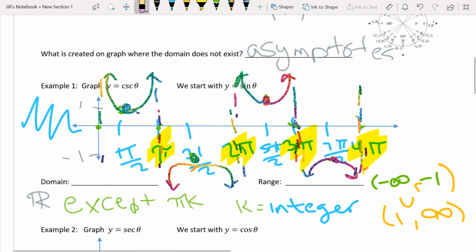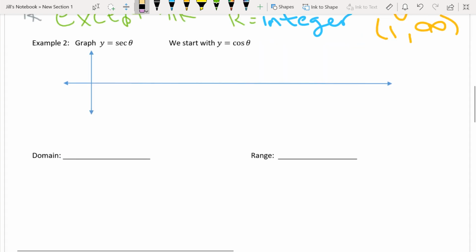Okay, so let's try the cosecant graph. Sorry, secant. It said cosecant. Just like that, we're going to start with the cosine wave. The cosine wave goes from 0 to 2 pi. We'll draw a basic cosine wave. The quarter point is pi over 2, then 3 pi over 2.